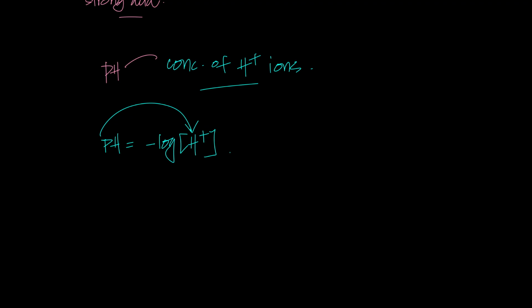We don't want to deal with these very large values for hydrogen ion concentration. Therefore, we use the logarithmic scale to make those values smaller. Those who study math know that the log function is used to make big values smaller. That's just a basic understanding of log. Other than that, I'm not going to go into the maths, but that's basically why you use log.